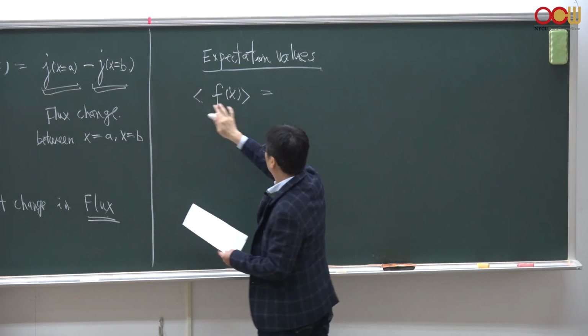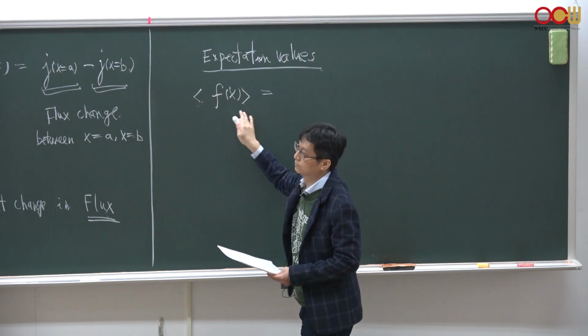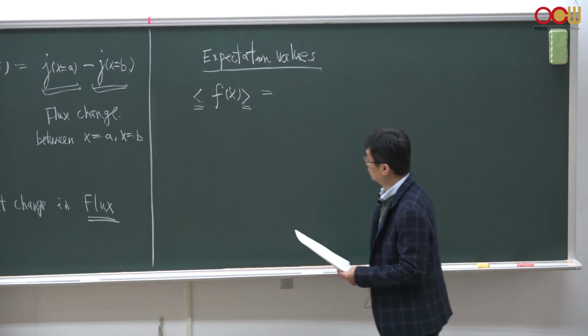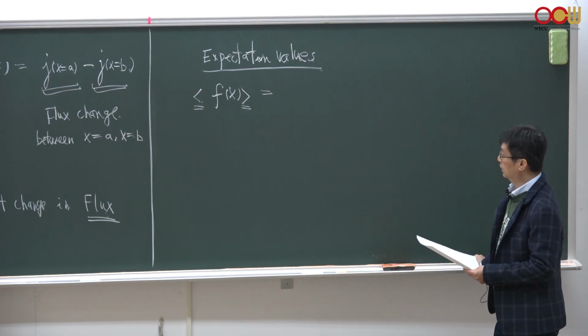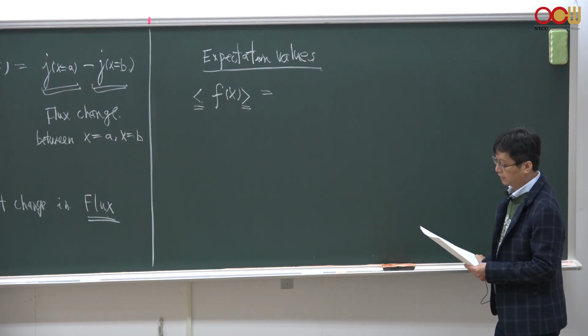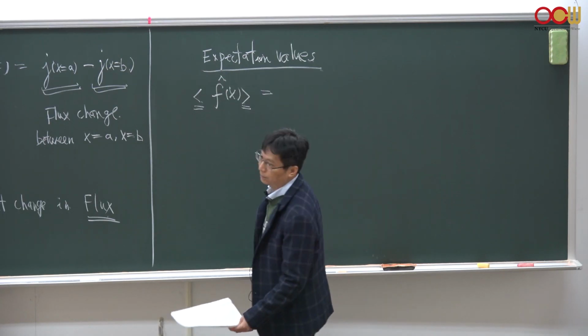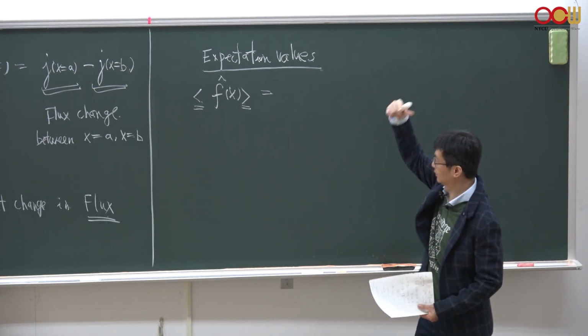So there is a bracket like this on the left. On the right side of this, any physical observable, which I call f of x. In quantum mechanics, this should be an operator wearing a hat.